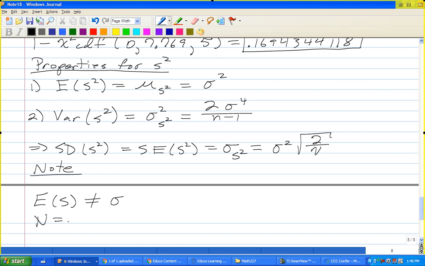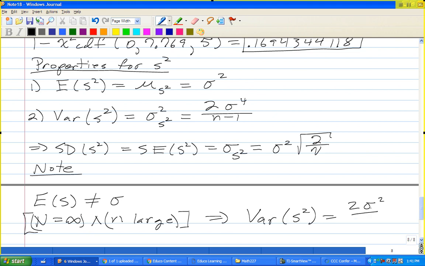if the population is infinite and the n here is very large, then the variance for the sample variances will be approximately 2 times the population variance over the sample size.